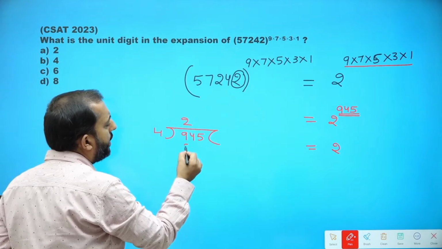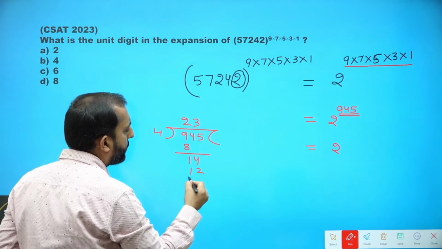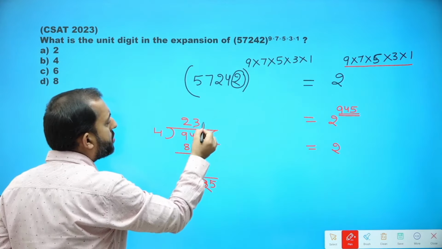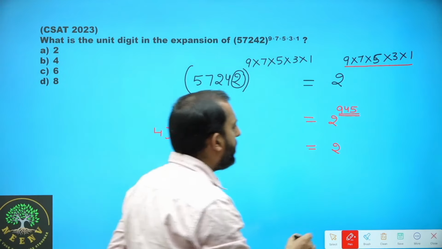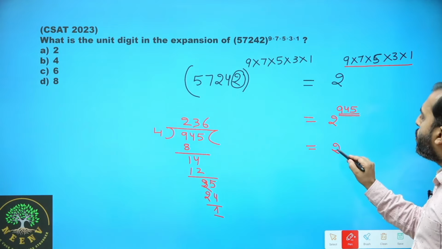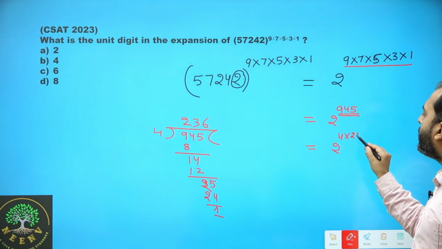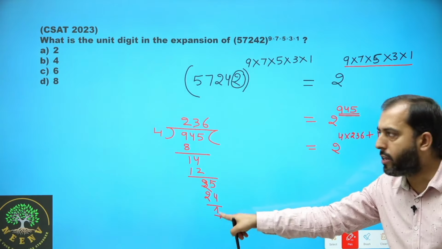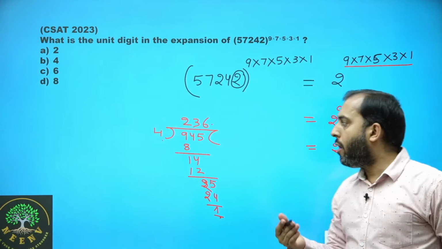4 2s are 8, 4 3s are 12, 4 6s are 24. So I can see this 945 can be written as 2 raised to the power 4 into 236 plus 1. 1 is the remainder, 236 is the quotient, and 4 is the divisor.